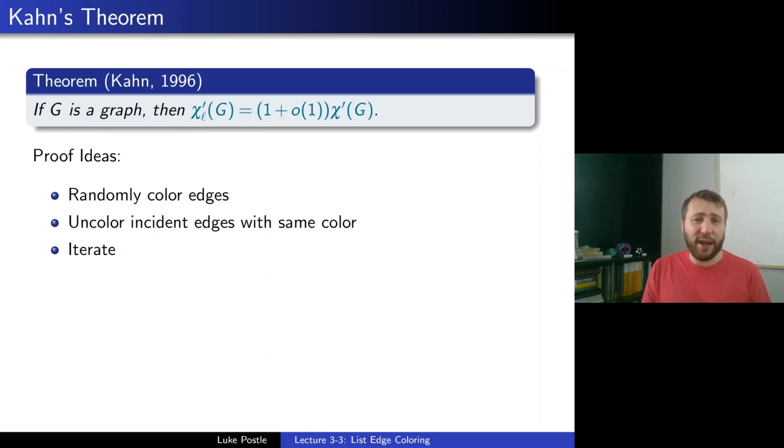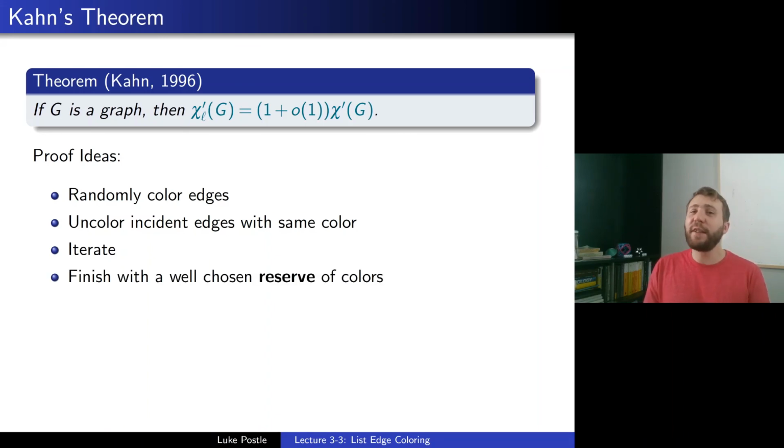That won't finish everything, but you can finish if at the original step you chose a reservoir, where each edge or vertex has a reservoir of colors from which we'll end up finishing. So this is a 20-30 page proof. I can't do all the details in 2 minutes here, but that gives you some flavor. Galvin's comes nicely from kernel perfection, these very structural techniques, while Kahn's is from probabilistic methods.